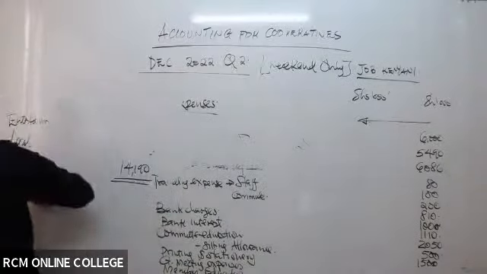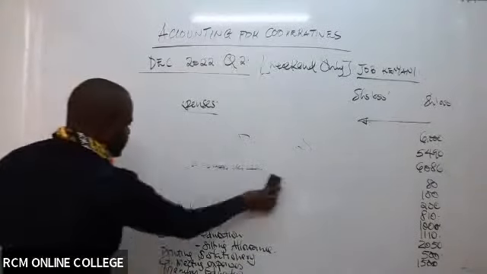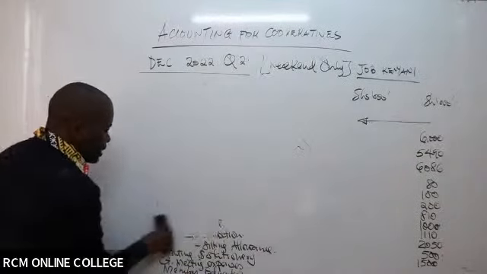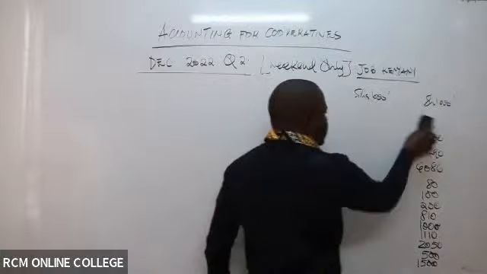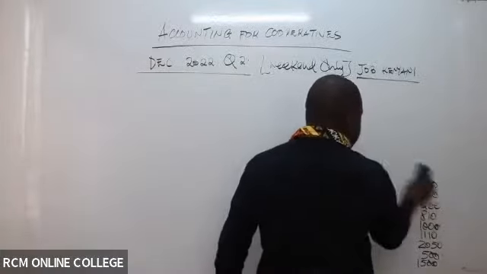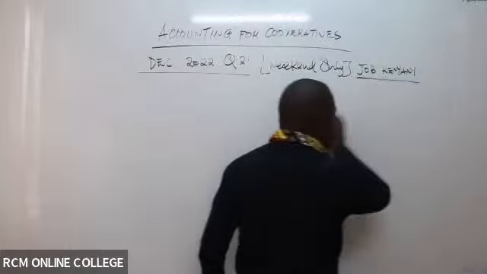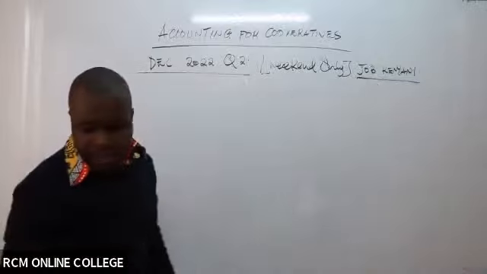Because in this case, the profits retained at the end are the ones that will go in the statement of financial position as retained profits for the year under the part of equity.